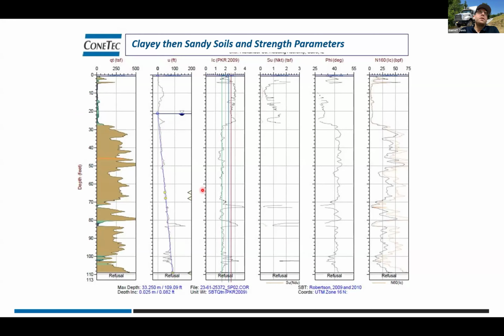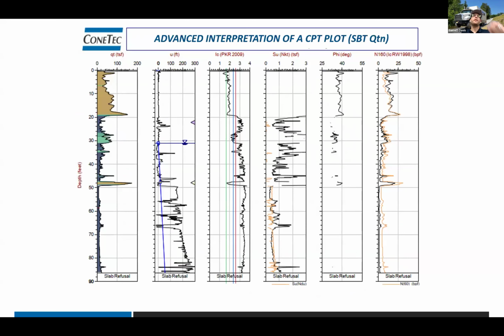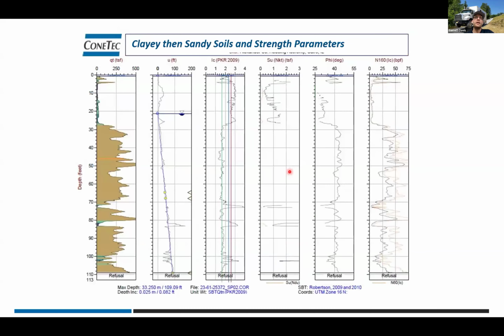These triangles here denote some pore pressure dissipations, which confirm this. We also see in this profile, compared to the last one, where we've got a lot of estimated undrained shear strength, in this profile, we've got a lot less, but we've got more estimates of friction angle.